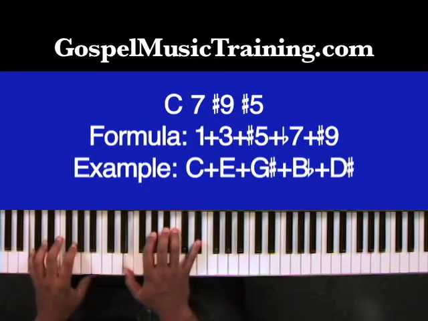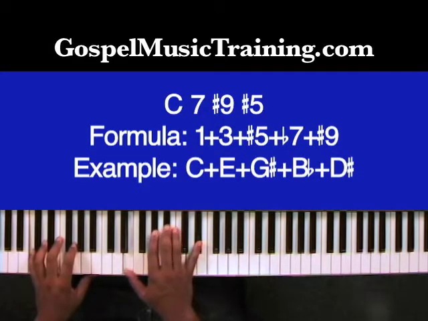We have E, A flat, B flat, and E flat. But since this is sharped, you would call this G sharp, okay? So we got E, G sharp, B flat, and then we have D sharp, all right? So that's more of the technical way to spell this chord.